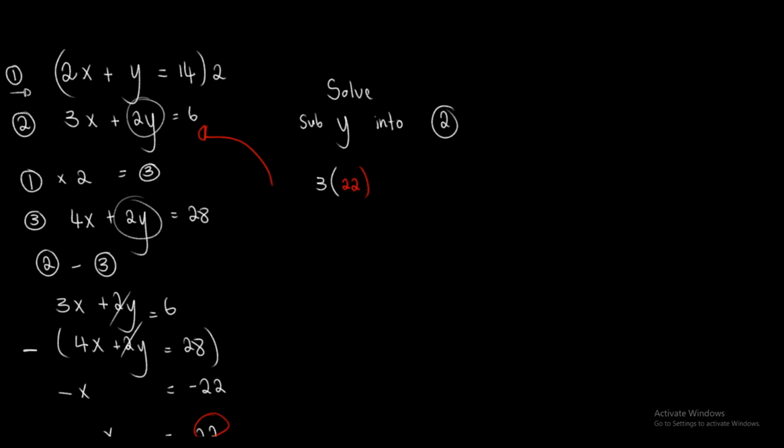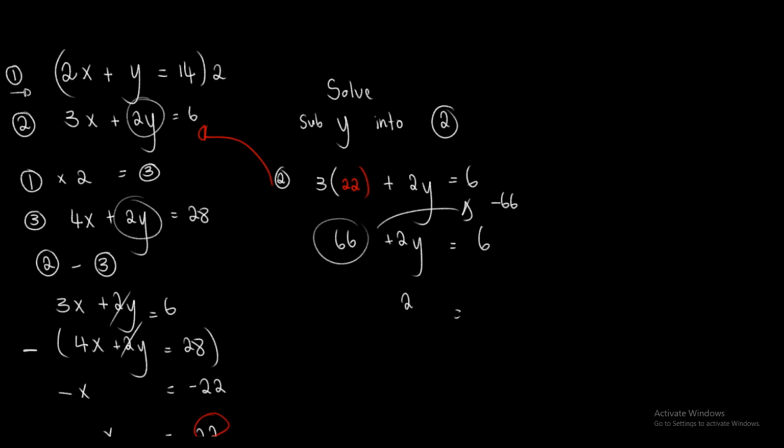Oh, my y value is going to be huge. Plus 2y is equal to 6. Now I can just solve for y. I move this from the left to the right. This becomes negative 66. I have 2y is equal to negative 60, and therefore y is equal to negative 30.